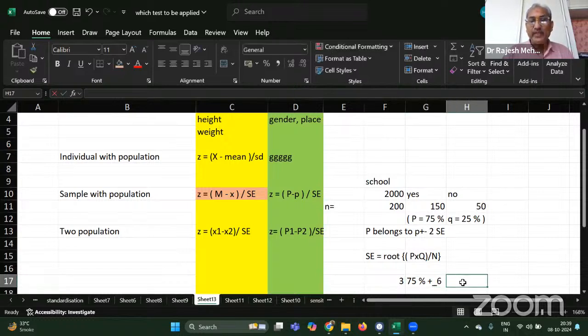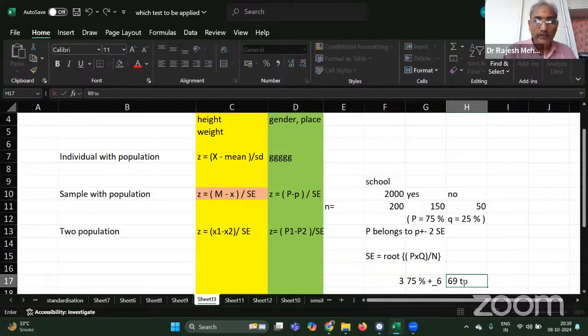So the answer would be 69 to 81% of students will be sick throughout the period of 1 year. This is the answer. I make a pause over here to see if you understood or not.